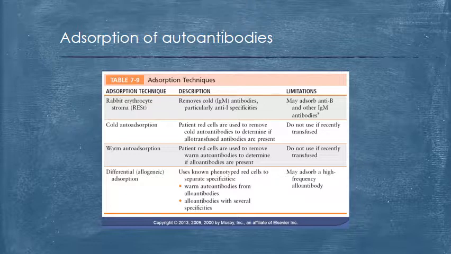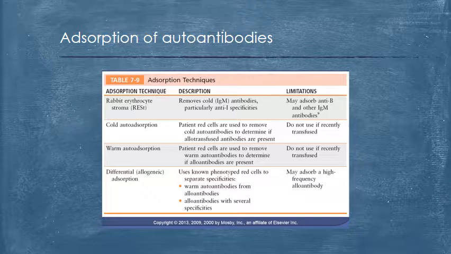For cold autoabsorption, if you're trying to remove those, you're going to incubate at room temperature patient cells and patient serum, and they'll be adsorbed out. Spin it out and use the adsorbed serum, which has the autoantibody removed. Warm autoabsorption, you do the same thing at warm temperatures, spin out the cells, and use the adsorbed serum against your panel cells.